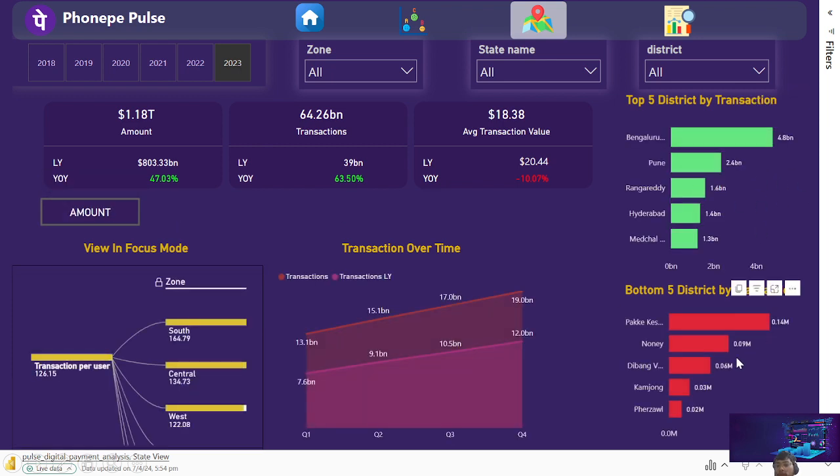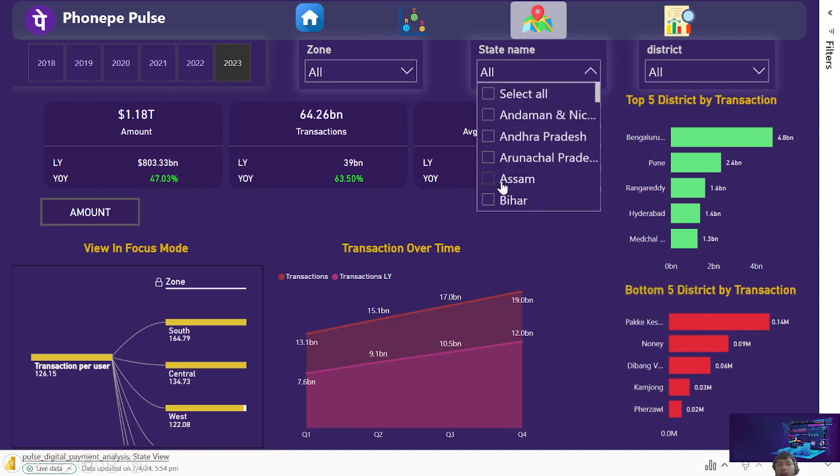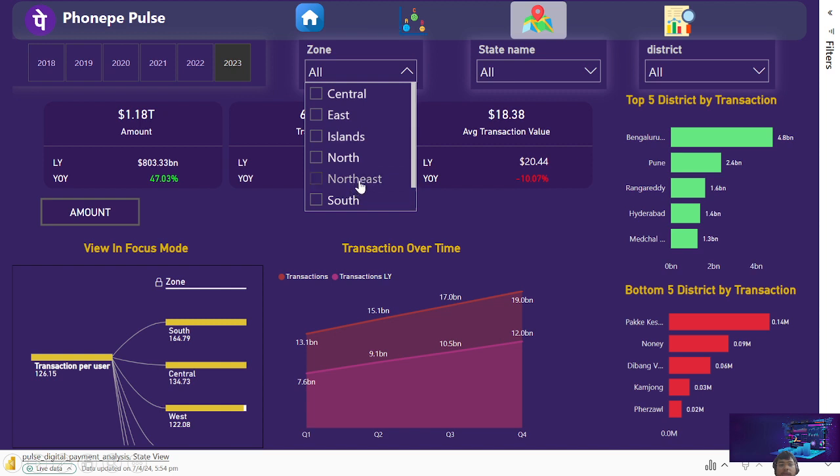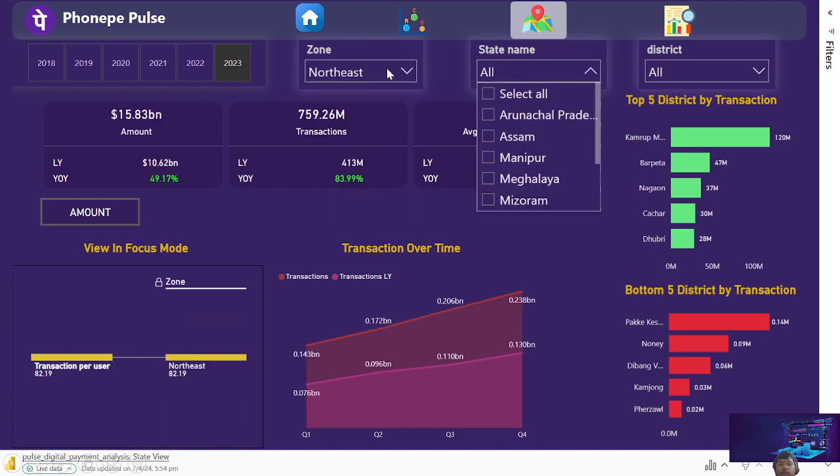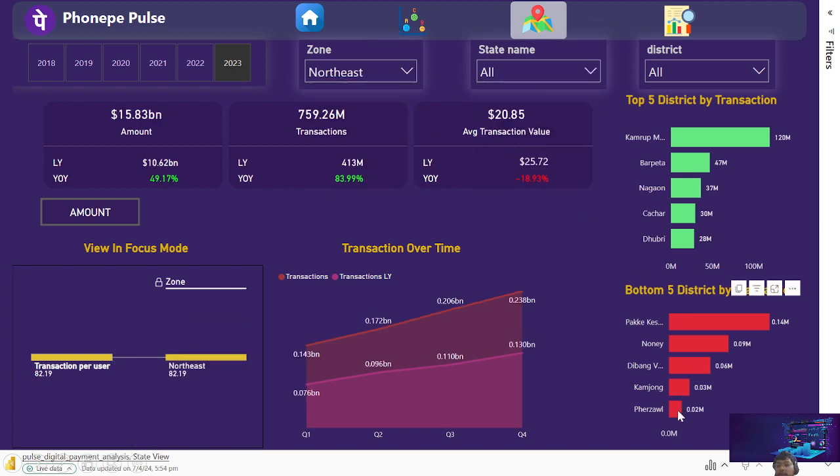So the bottom district is Faisal. So in northeast, the bottom district is Faisal, and the top district is Kamrup Metropolitan in terms of transactions.